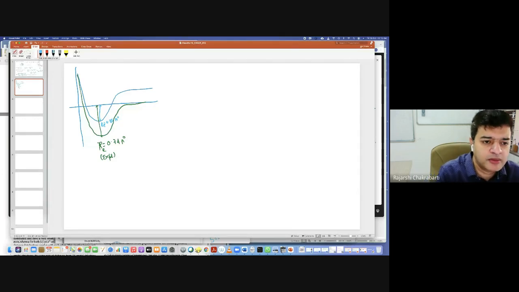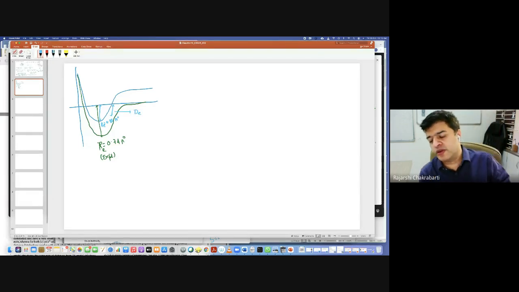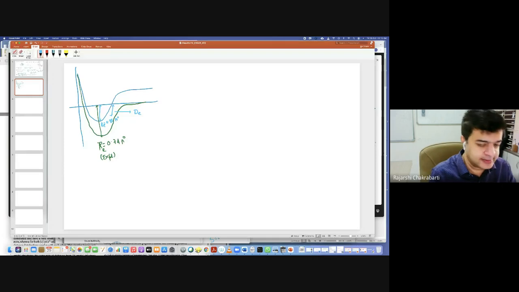But then I have a problem because this is a dissociation energy. And this dissociation energy, if you do an MO calculation, is something like 2.65 electron volt.